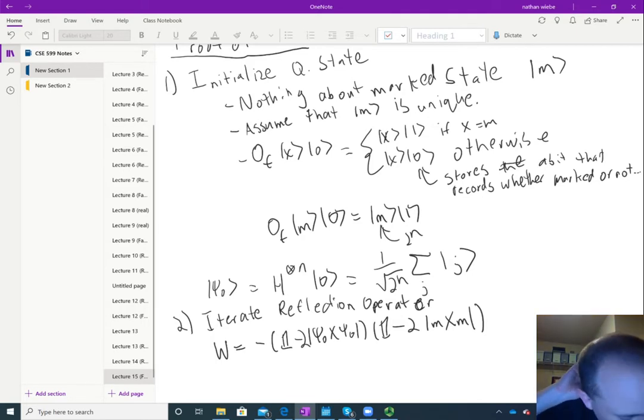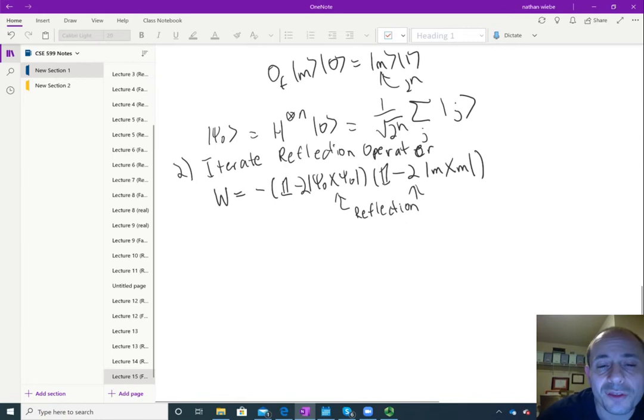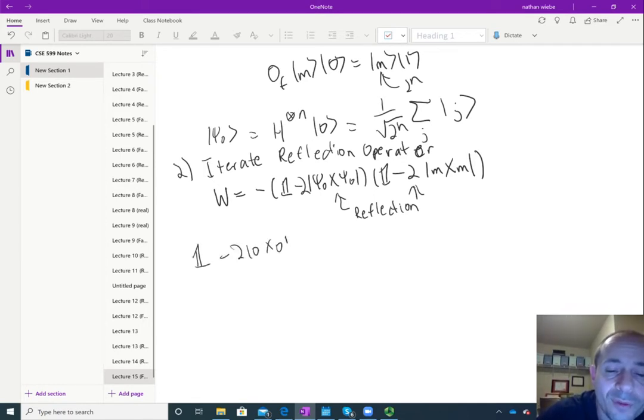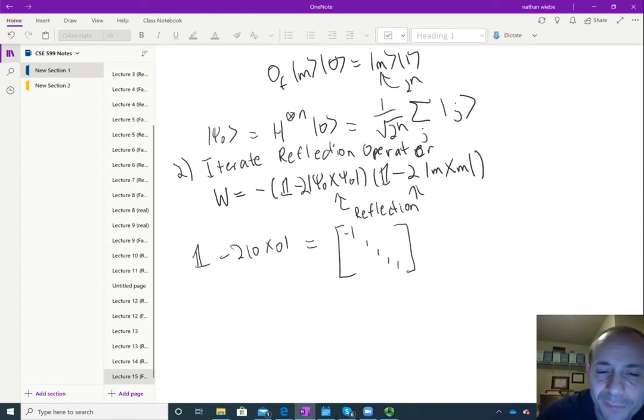All right, so what is this saying? Each of these operations is what we call a reflection. Now, why are these called reflections? Well, let's take a look at the simplest case: identity minus 2 |0><0|. The matrix representation for this will be a minus 1 up here, and then everything else will just get mapped to 1.